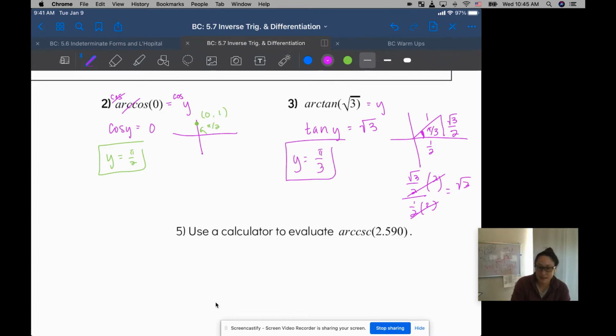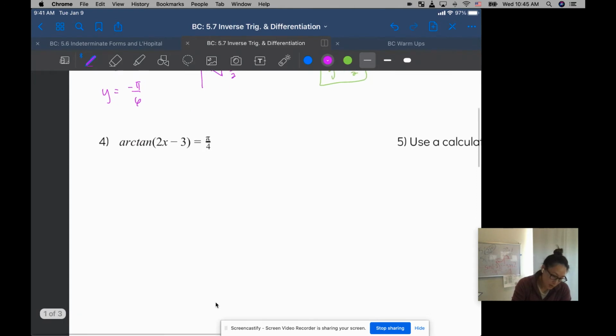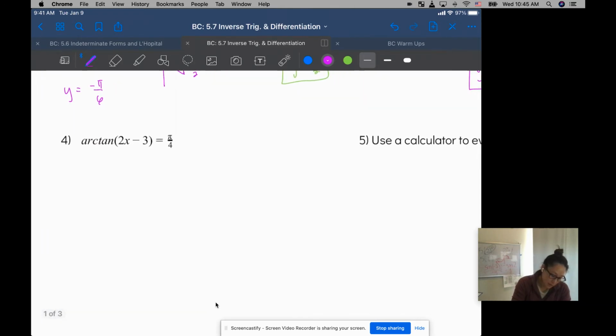Remember? Trig. All right. So we have the tangent of the arctan of 2x minus 3. So this is the ratio, and this is the angle, right? So we're solving for what x value would match the pi over 4 ratio, their tangent ratio.